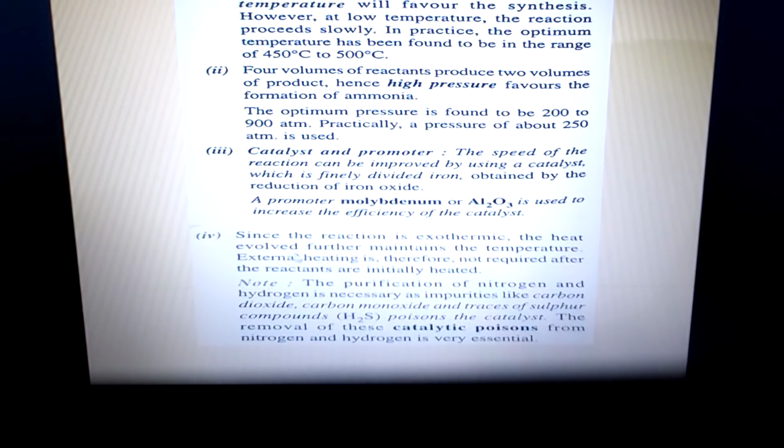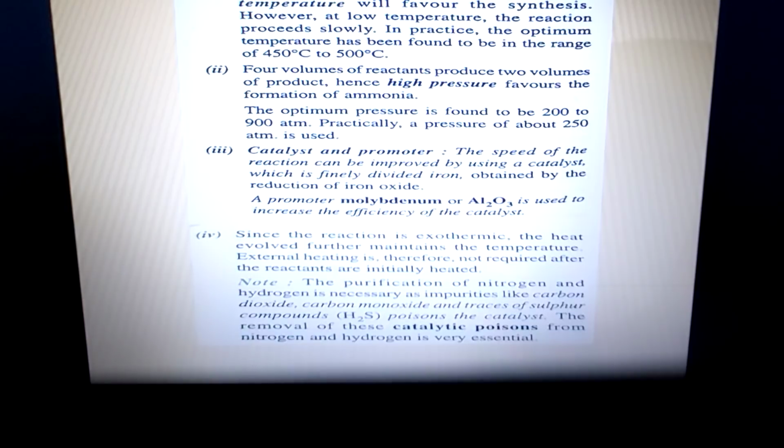Now the purification of nitrogen and hydrogen is necessary. Once you supply nitrogen and hydrogen through the inlet, before that we have to ensure that impurities are not there. The impurities possible to accompany nitrogen and hydrogen are carbon dioxide, carbon monoxide and H2S.